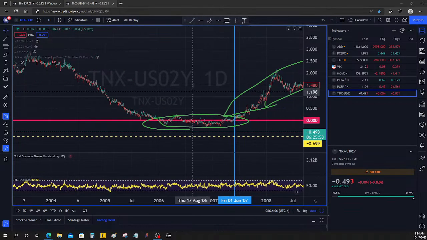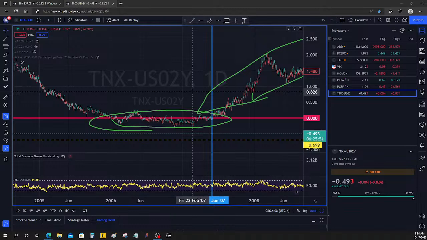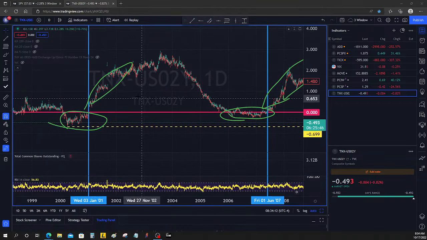Now, what I'm getting into in this video is the example from 2001 and 2007. What happens here is you can see the yield curve goes negative. People are willing to pay so much for the 10-year bond that it pushes the yields lower than the 2-year bond.